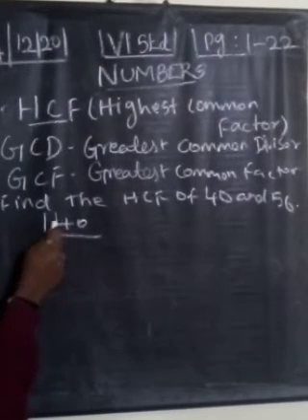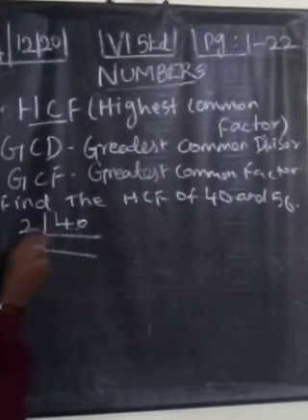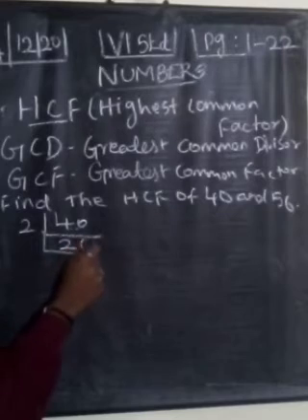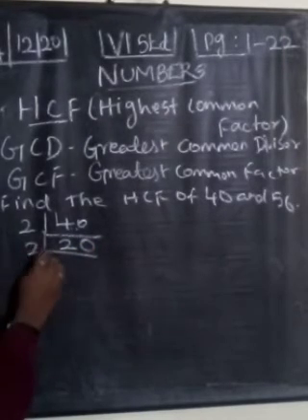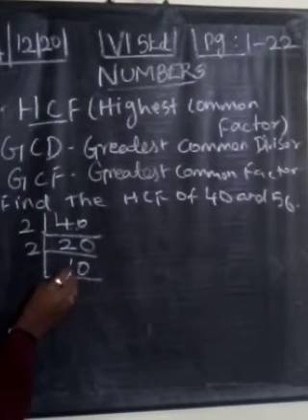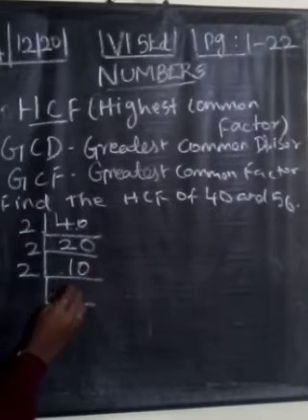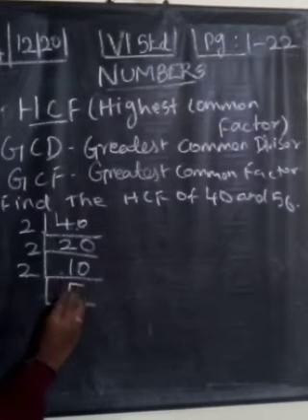So 40 is an even number, so it is divisible by 2. 40 divided by 2 we get 20. 20 also divided by 2 we get 10. 10 is also an even number, so it is divisible by 2. We get 10 divided by 2, 5.